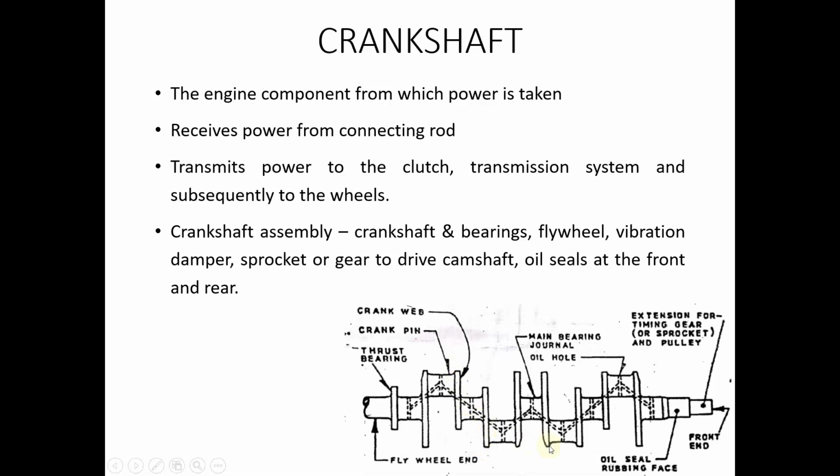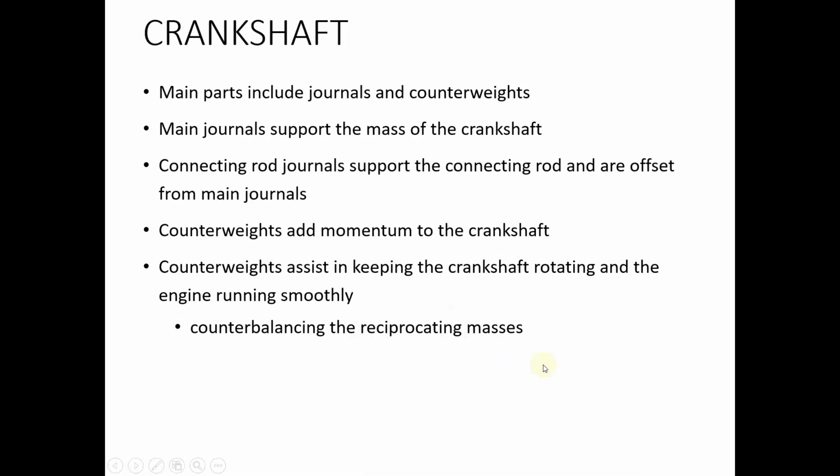And we also have certain counterweights that are attached in order to balance the unbalanced forces during the rotation of the crankshaft. So the main parts include journals, that is the main journal bearings, and the counterweights.